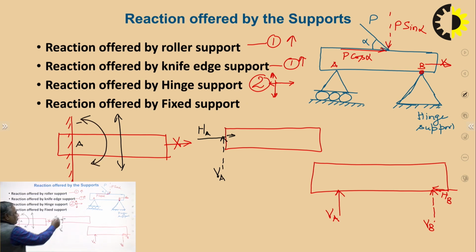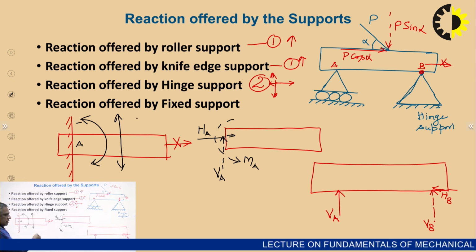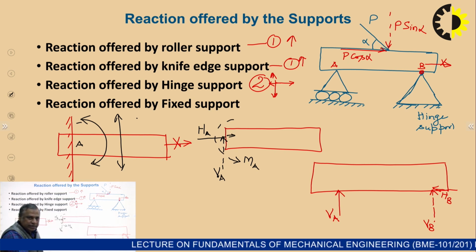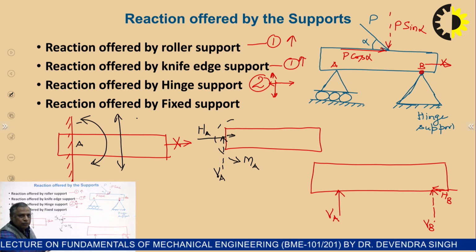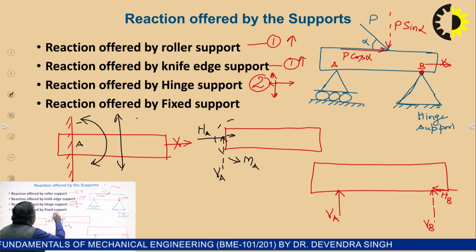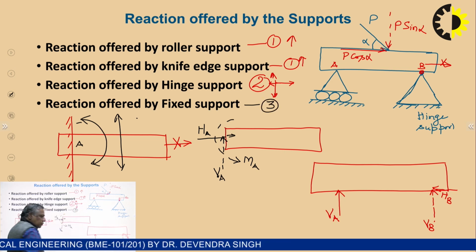So, it will offer a moment reaction, MA. If applied moment is clockwise, then this will be anticlockwise. If applied net moment is anticlockwise, then the reaction will be clockwise. So, in this way, fixed support will offer 3 reactions.